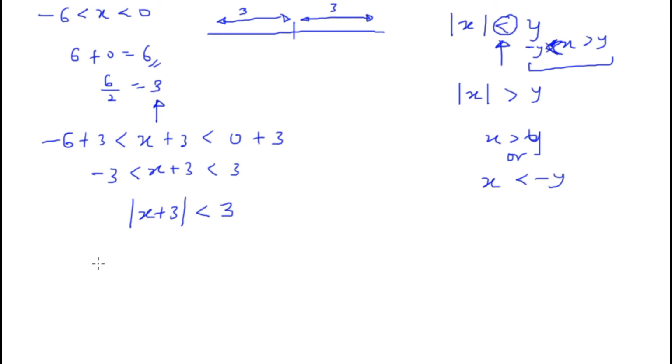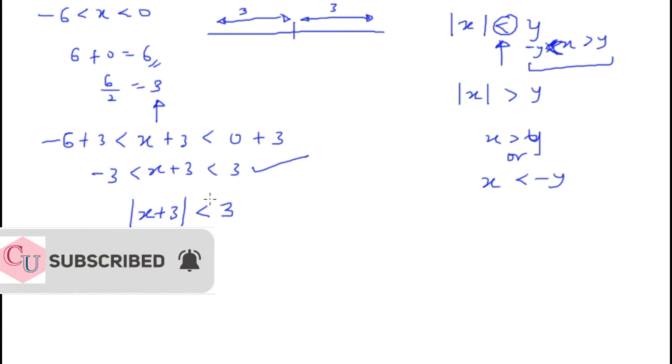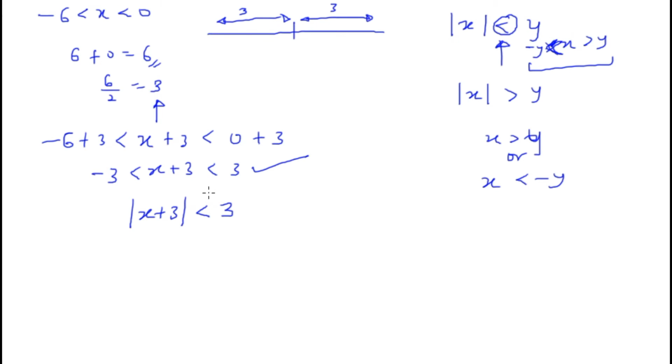So of course, the absolute value of x plus 3, if it is less than 3, you will have something of this nature. So that's how to write a compound inequality in modulus form, or in form of an absolute value.